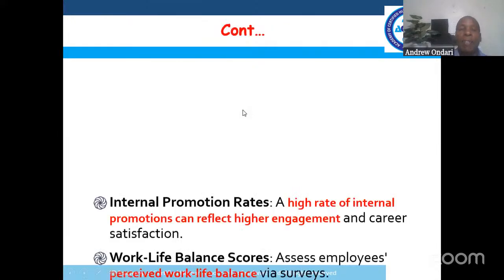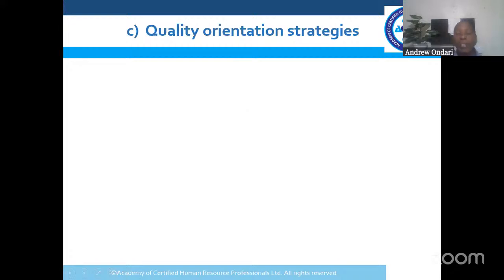After employee engagement is the quality orientation strategies. I said before that quality orientation has to do with the focus of an organization on quality. If quality are standards in our products and services which satisfy customer needs, then we should be concerned about it, because we have these two sets of customers.